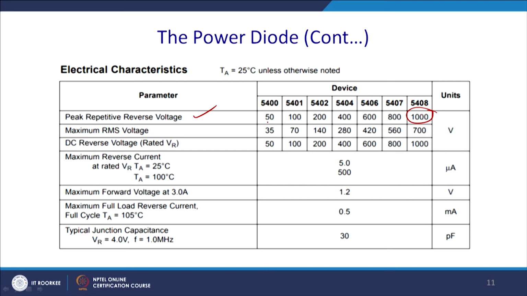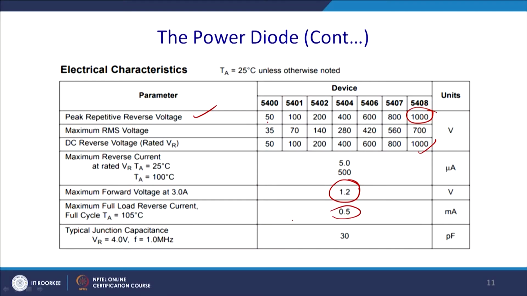In between, if you choose 5408, it has a blocking capability of 1000 volt, and the maximum RMS rating will be 700 volt, and the reverse blocking capability, the peak repetitive voltage, will be the same, 1000 volt. The maximum forward voltage is not 0.7 volt, which you assumed in analog or linear electronics diodes; it is basically 1.2 volt.